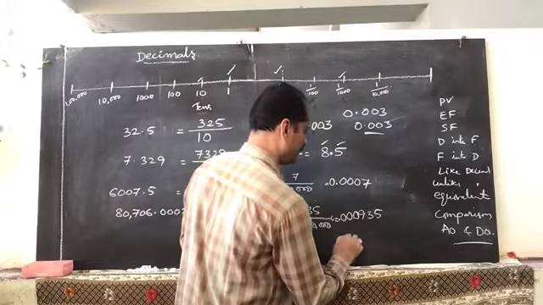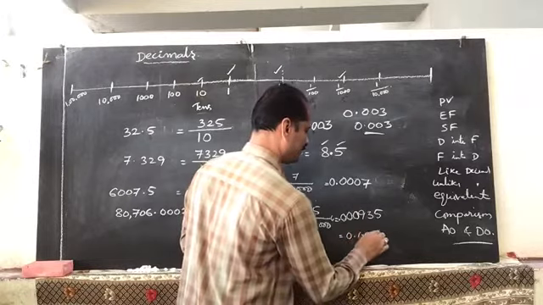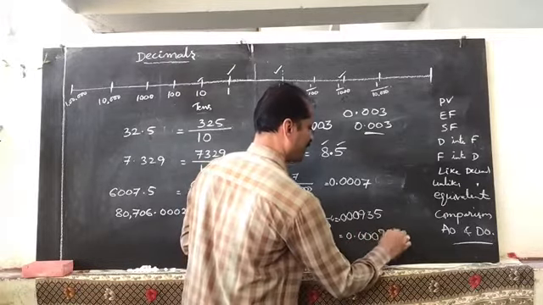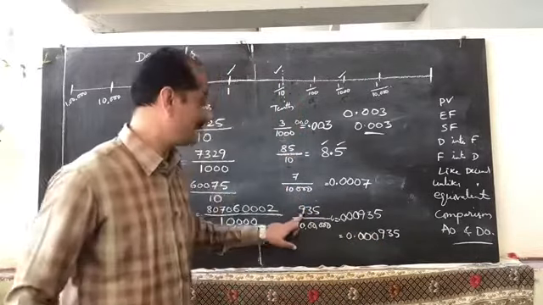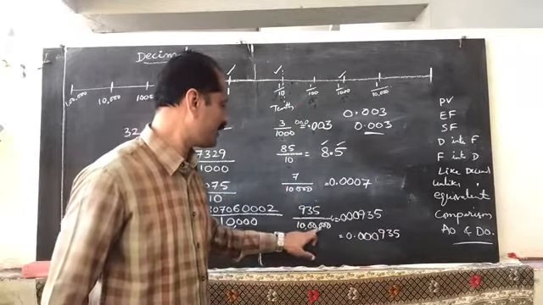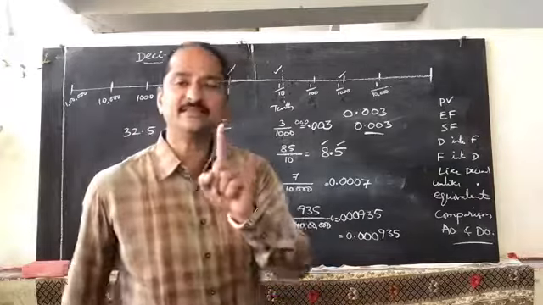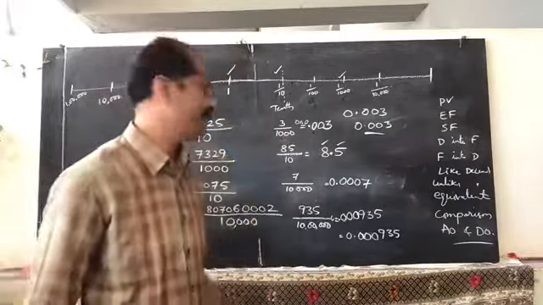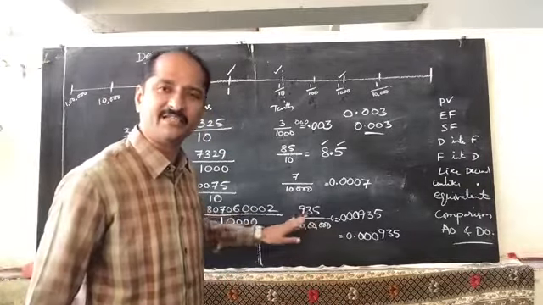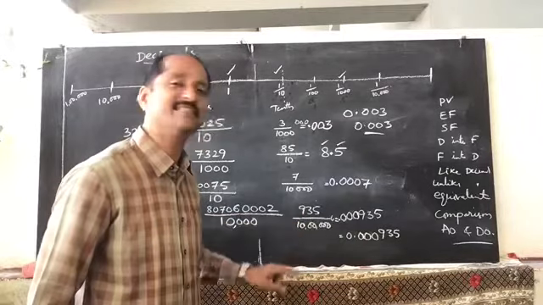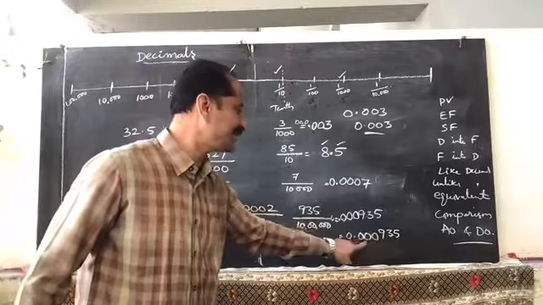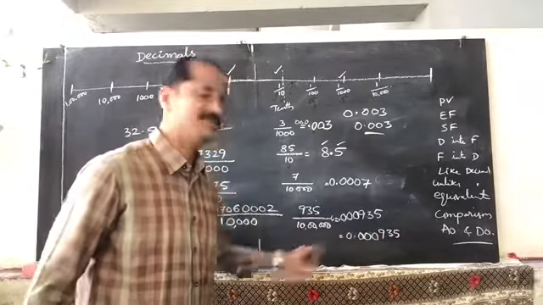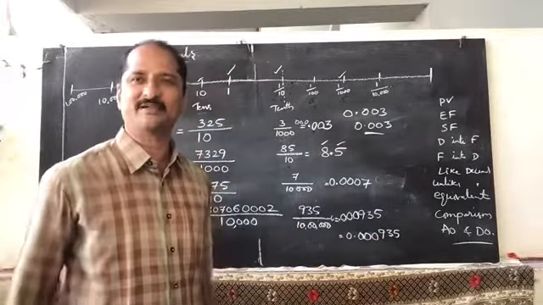That means 0.000935. There should be 6 decimals in the decimal part, but here we have only 3 digits. So write down the 3 digits and place another 3 zeros before them, so total 6 digits.